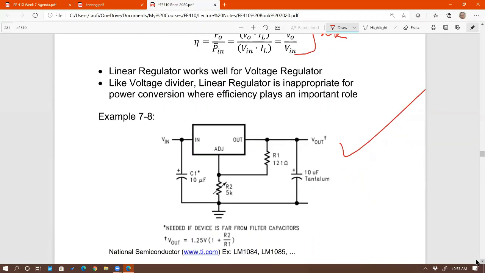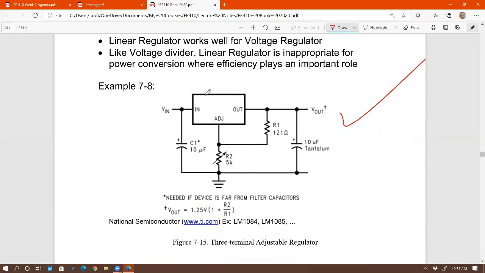And it is still being used for DC to DC converter, again, as long as the power requirement on the output is very low, right? To the point that losing 70% of 10 milliwatts or 70% of 1 watt, for example. Let's say this is a 1 watt converter. You lose 70%. That's still 0.7 watts, right?